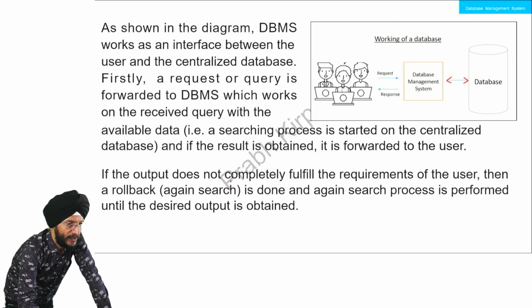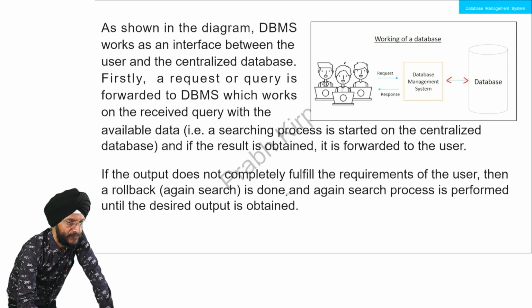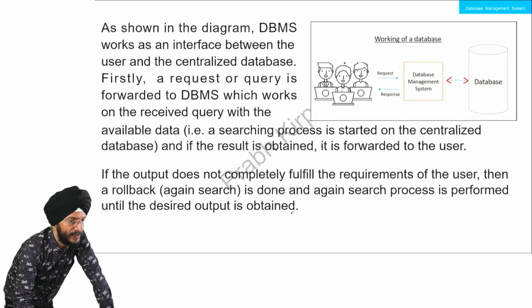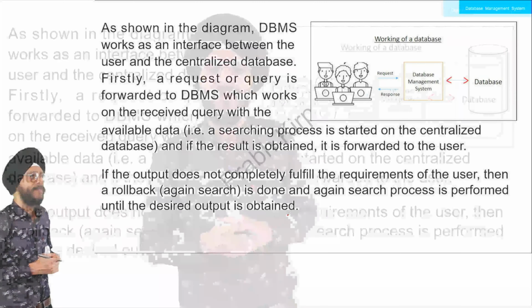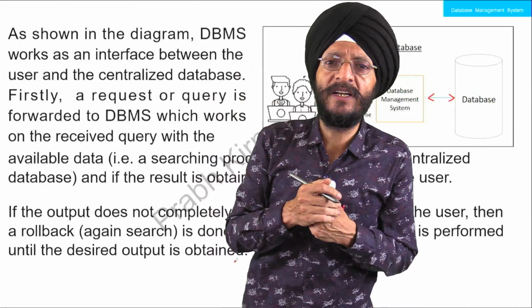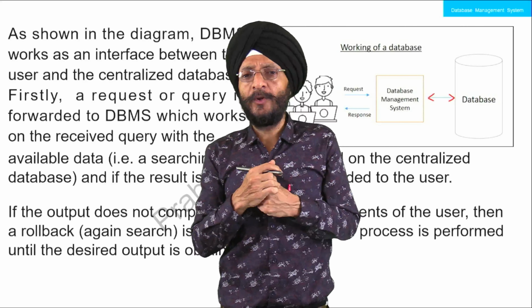If the output does not completely fulfill the requirements of the user, then a rollback, again search is done, and again search process is performed until the desired output is obtained.